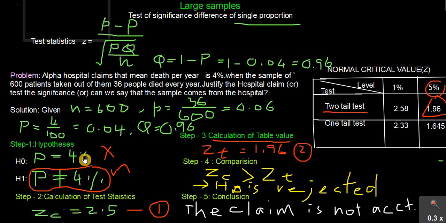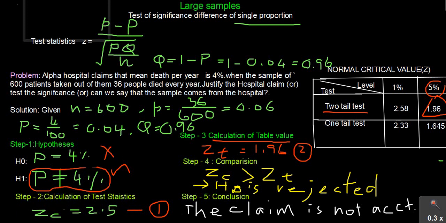The alternative hypothesis is always opposite to the null hypothesis. So if the null hypothesis is that the population proportion is exactly equal to 4%, then the alternative hypothesis is that the population proportion is not equal to 4%. Now the hypotheses are over.